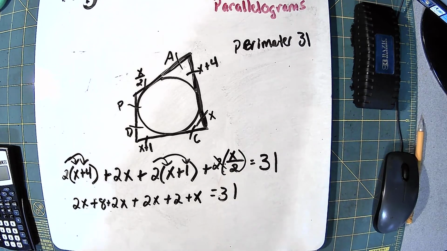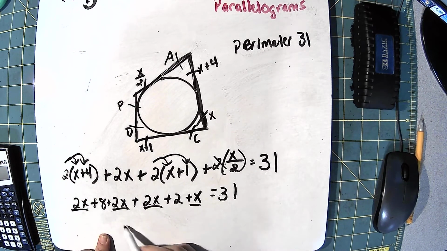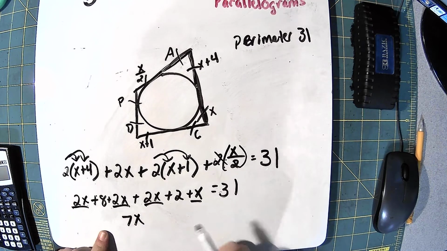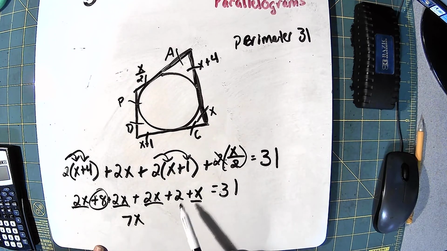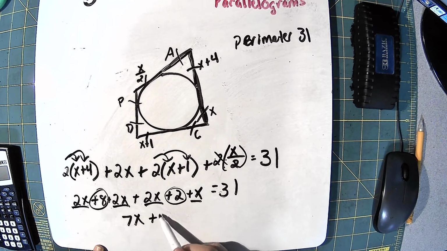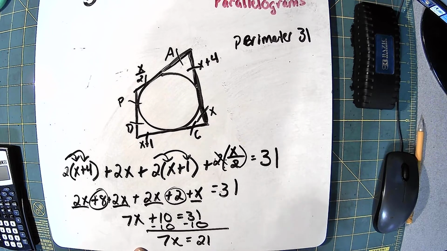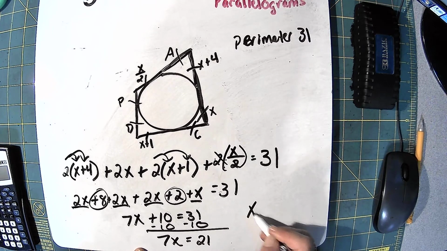Now we need to put our x's together. So I've got 2, 4, 6, 7 x's, and then we're going to put our constants together, 8, 9, 10, and then I'm going to subtract 10 from both sides, and I'll get 7x equals 21, and then just divide by 7, and I'll get x equals 3.